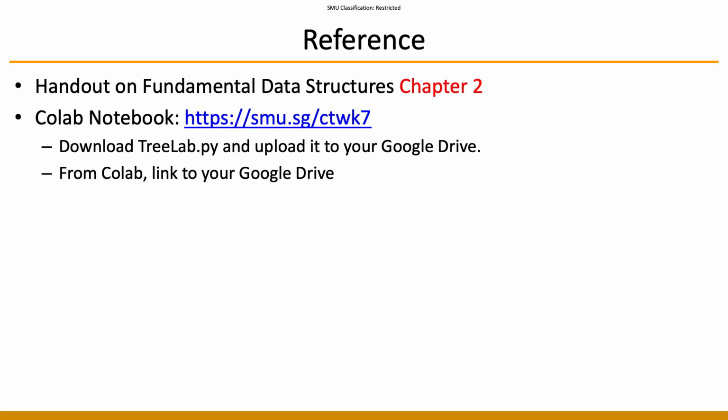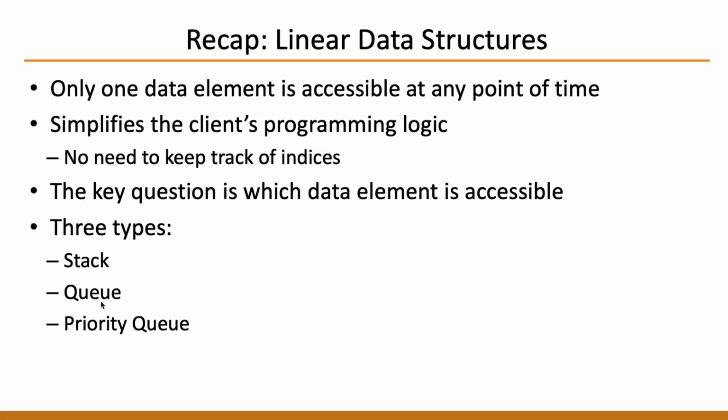We have created a notebook for you. Inside it, besides the standard test code, you can also find all the examples, all the different use cases that we have talked about in class. So you're welcome to try it out. But of course, you can replicate everything that we have shown online by using the tree lab that's provided to you.